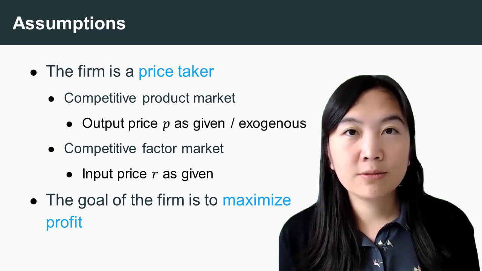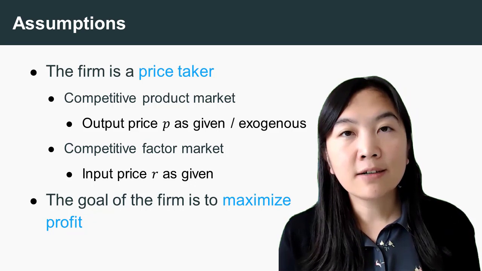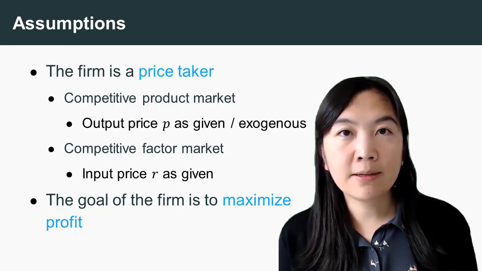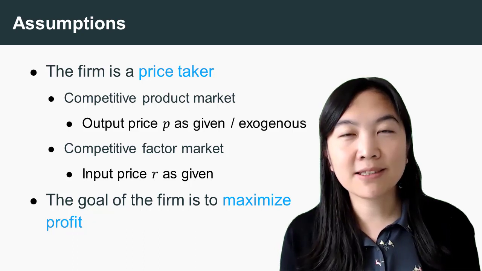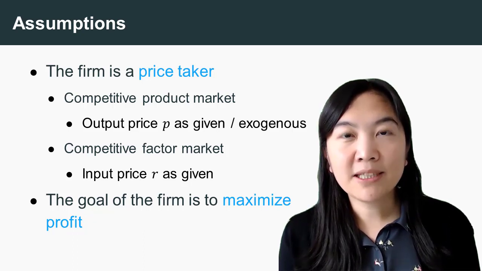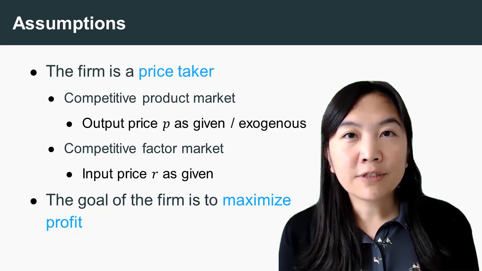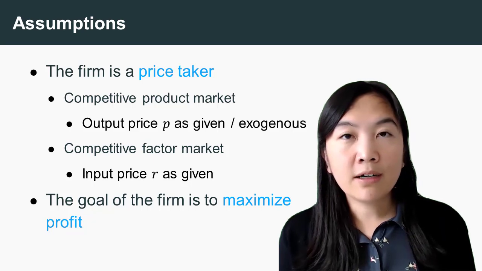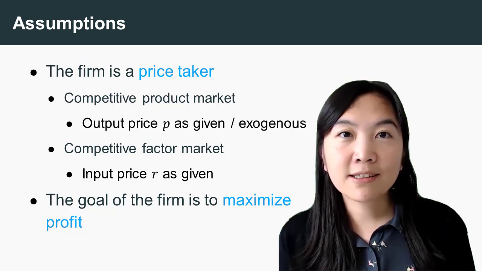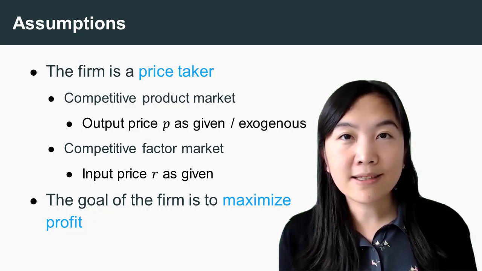Before we continue with the economic aspect of production, we need to make some assumptions. And as always, you make a lot of assumptions in economics or maybe also in other fields of research. Here, the most important assumption is that the firm or the decision maker is a price taker.